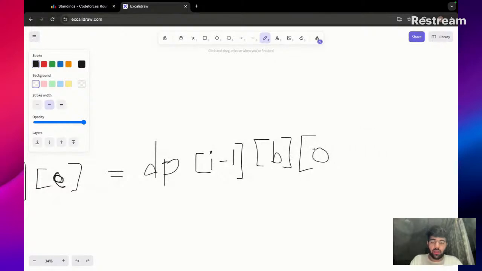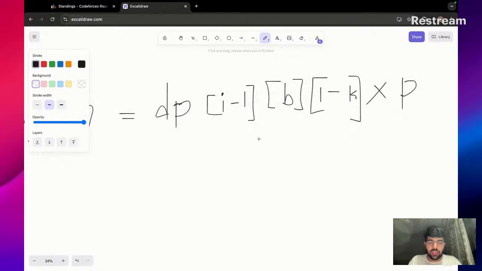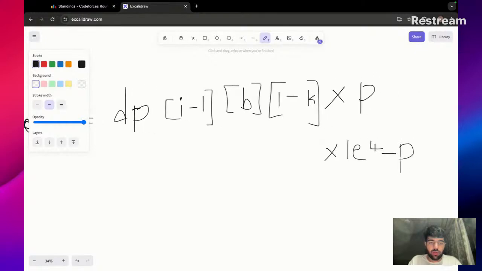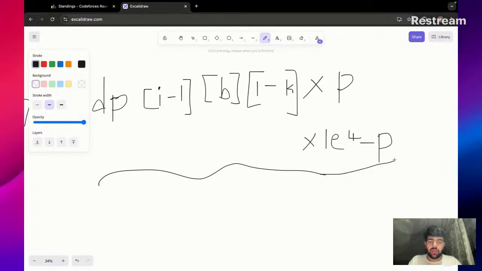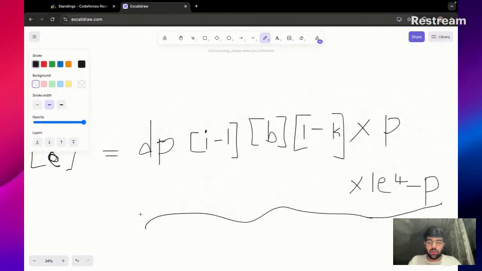So basically 1 minus that value, let's say k, multiplied by the probability, and same thing over here, multiplied by 1e4 minus the probability value. And this is how you get a dp. Either you XOR or you don't XOR.